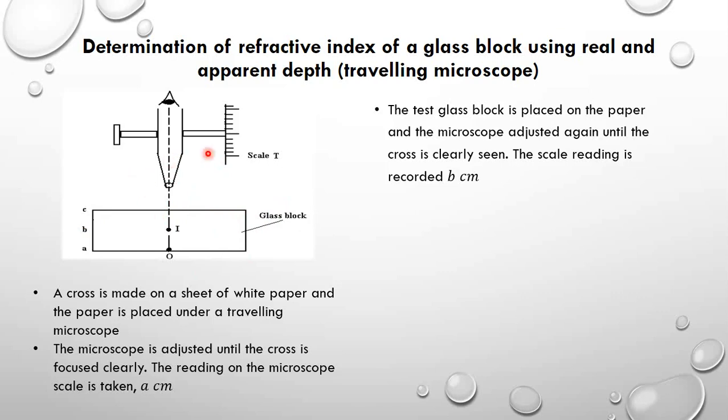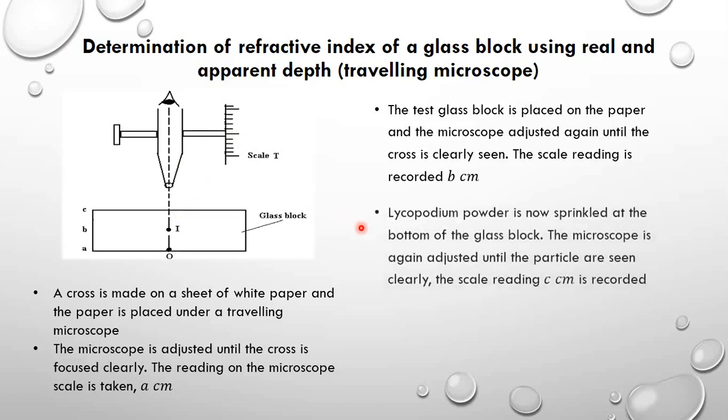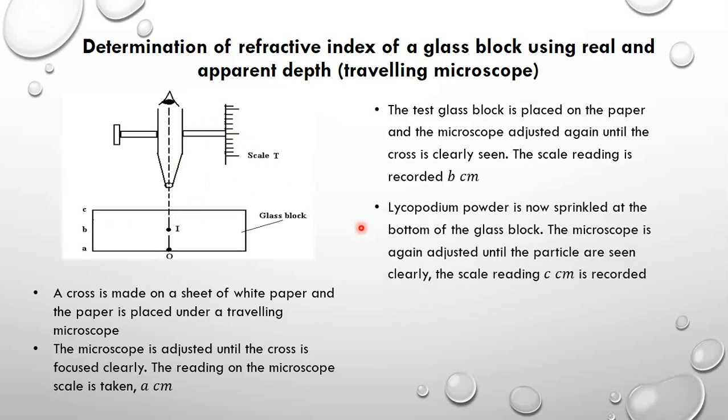After seeing the particles of the lycopodium powder clearly, we shall read the scale reading here. And that scale reading, we shall read it as C centimeters and shall record it.